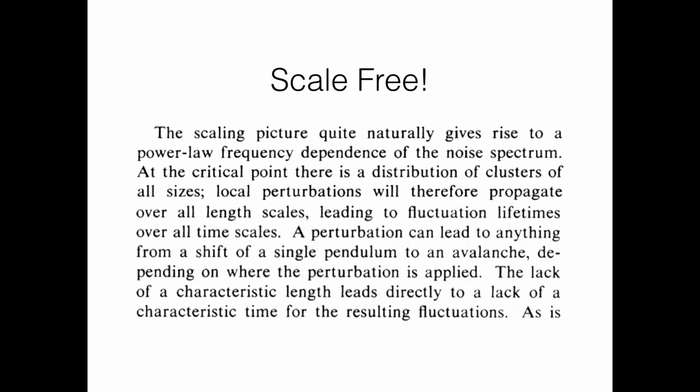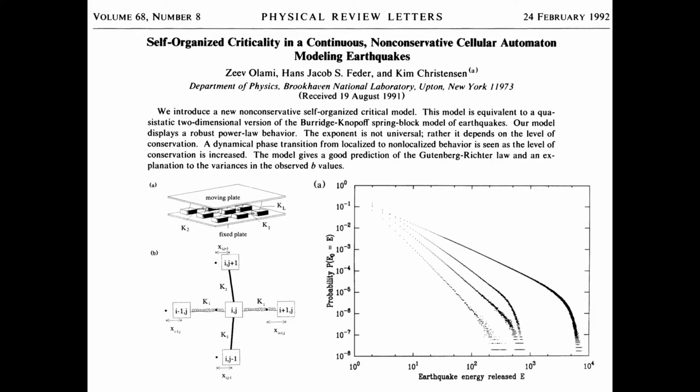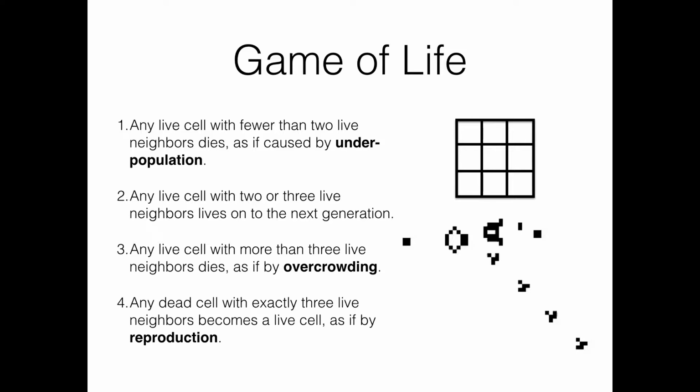In the same fashion, the systems that are self-organized to criticality don't have scales in time or space, because just imagine the duration of avalanches. The big events will endure for a longer time, but they will be less frequent. Okay, earthquakes. What about the game of life?